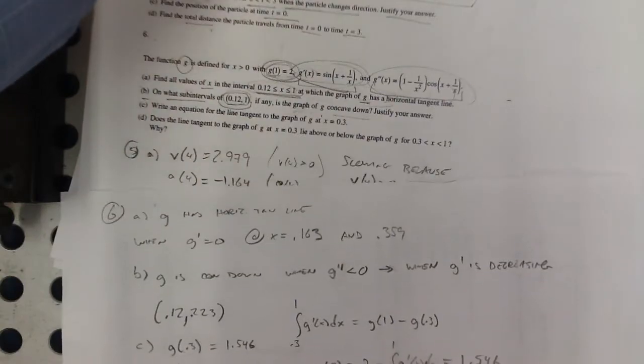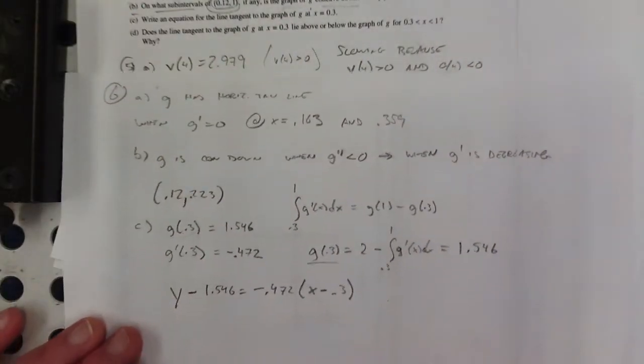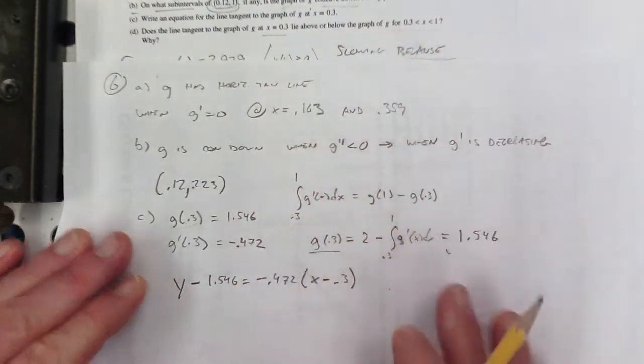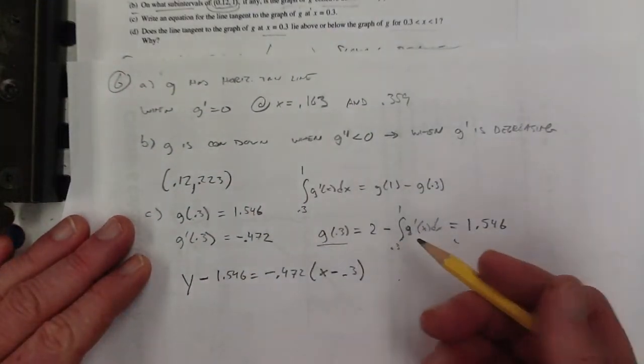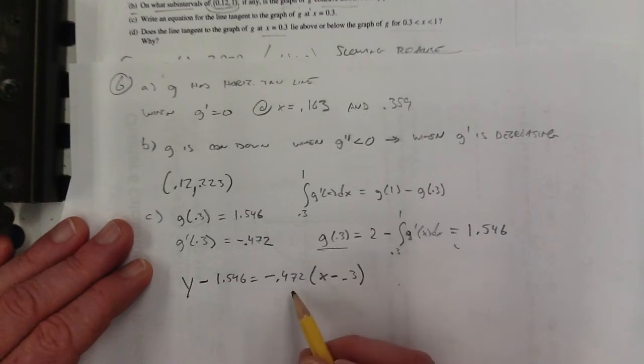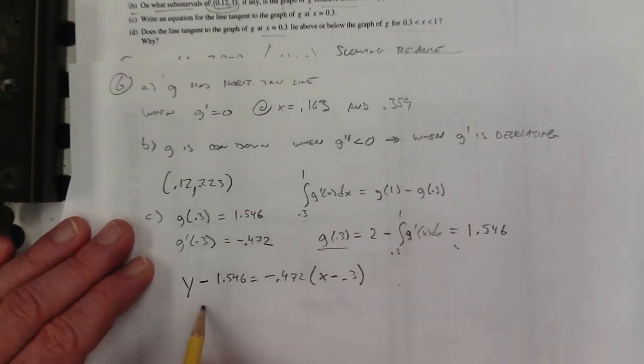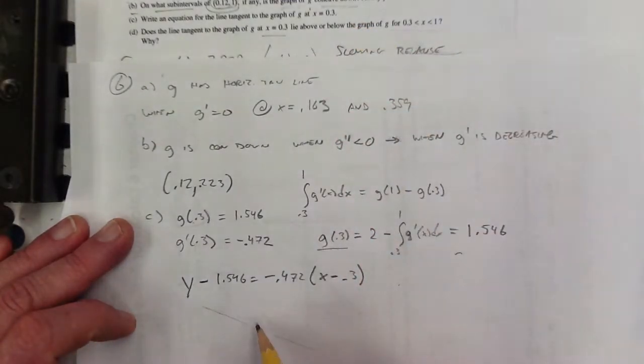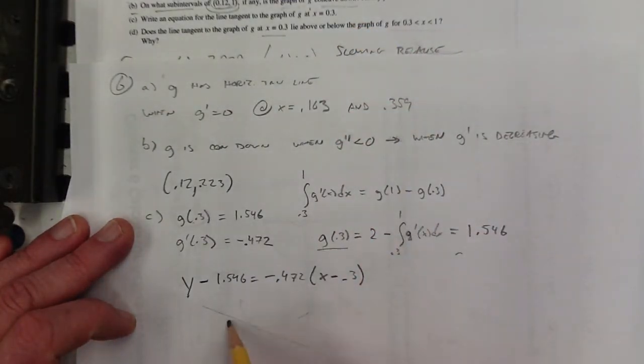And last part, does the tangent line to the graph of this lie above or below? And why? Well, there's two possible things. If this is our tangent line, it's got a negative slope, so I'll sketch it like this. Either the graph of the original function is up here, and this is tangent line underneath, or it's like this.